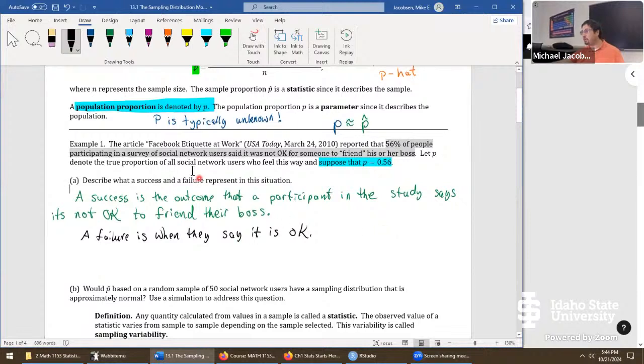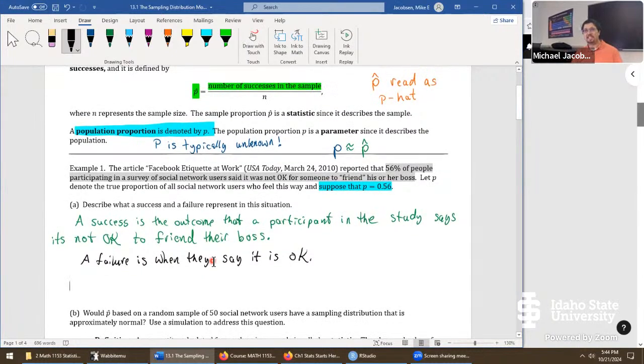Okay, so now we know what a success and a failure ought to represent in this situation. And here's where it gets a little bit foggy. These notes are pretty abstract in a real sense. Nonetheless, it's stuff that we have to describe to get through it. And what makes it really hard to describe is that estimate right there. We say the unknown parameter p is approximately equal to the statistic.